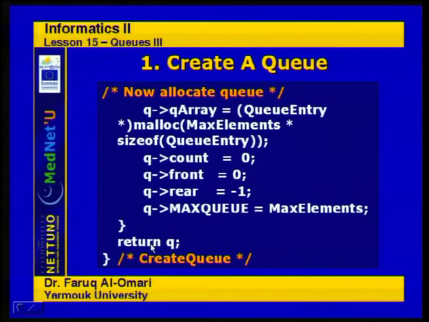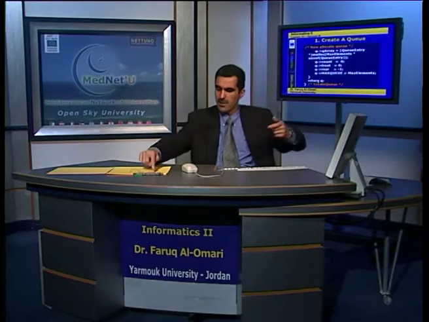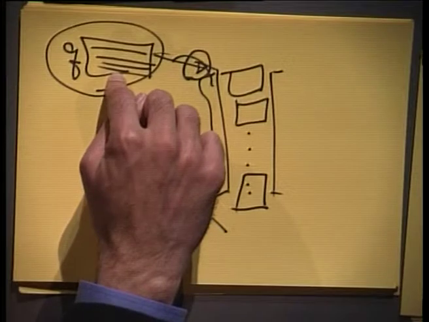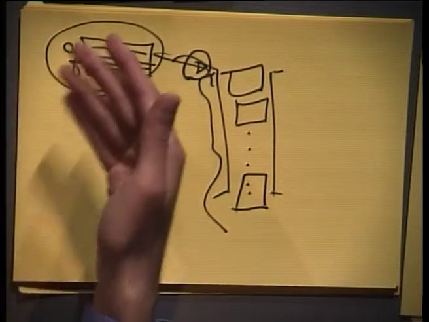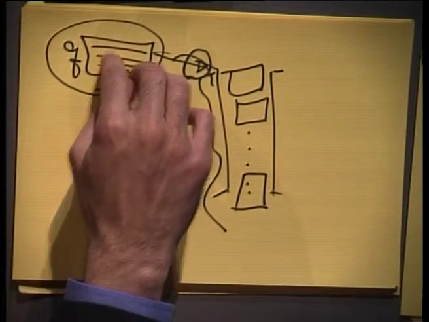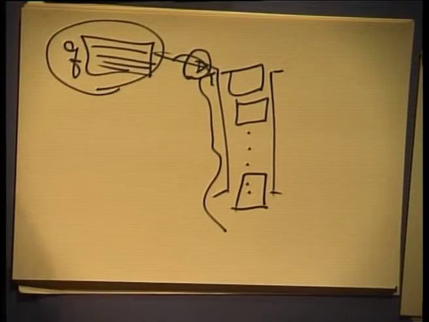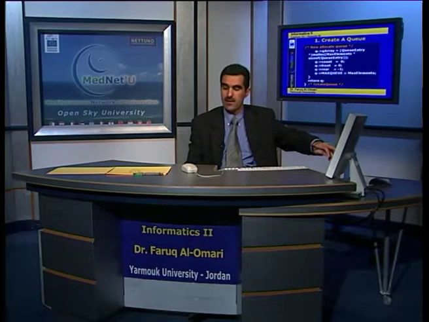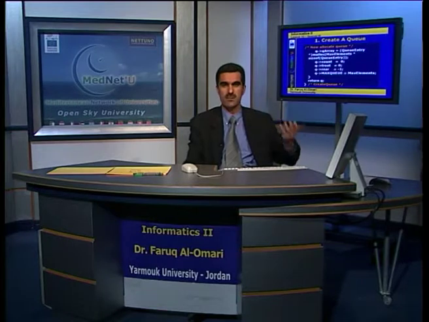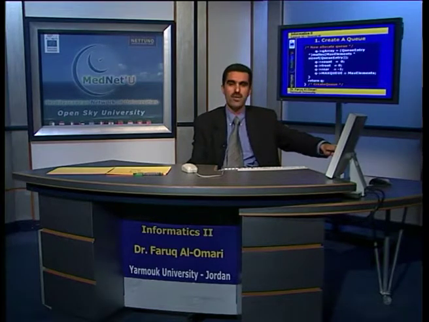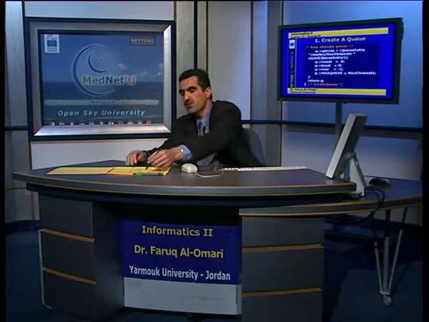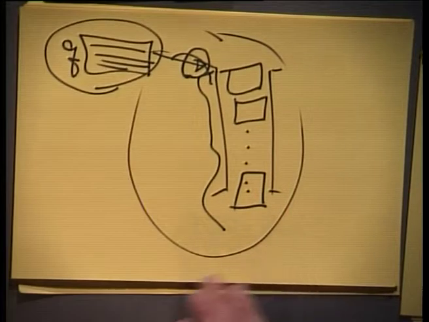This return, I'm going to come here either through all of these steps after successful allocation from the very beginning, or if I fail to do this, then Q in that case is going to be null. So if I successfully manage to allocate the memory, then I'm going to return a pointer which points to this whole structure. All right?